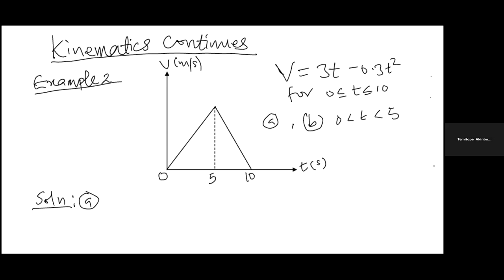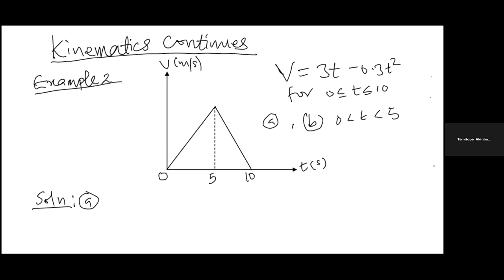So I integrated 3t minus 0.3t squared to get the distance, then the displacement. Then I took the area of the graph to be equal to the displacement. Then I got the area of the triangle from 0 to 10 and equated it to the distance.